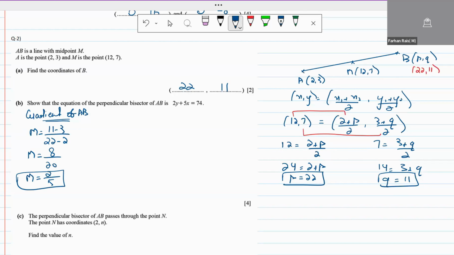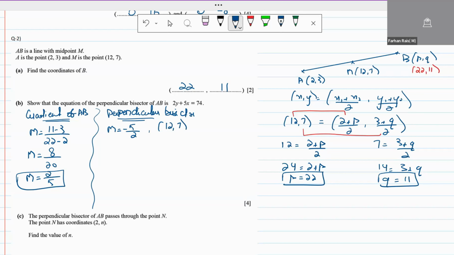And for the perpendicular bisector, the gradient would be the negative reciprocal, so that would be minus 5 upon 2. So we have the gradient, and we have the point, which is the midpoint 12,7.